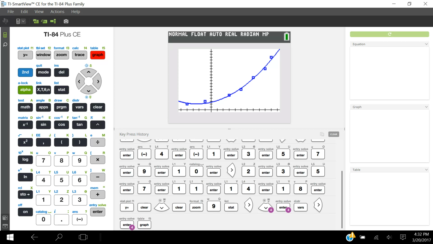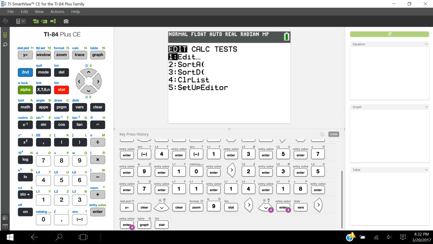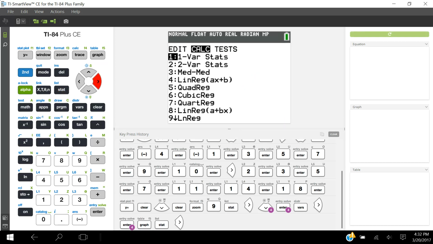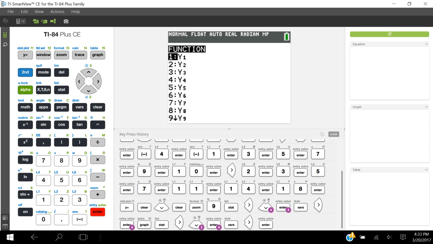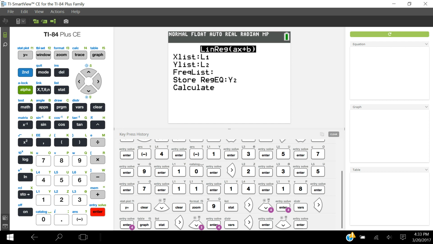Just for fun, let's go back to our stat calc and let's do a line just to see how good of a fit or not it is. And it's good practice in your calculator. Do this in your calculator. Okay, so when I do my vars, y vars function, I'm going to go to y2 because I want that in a different place.